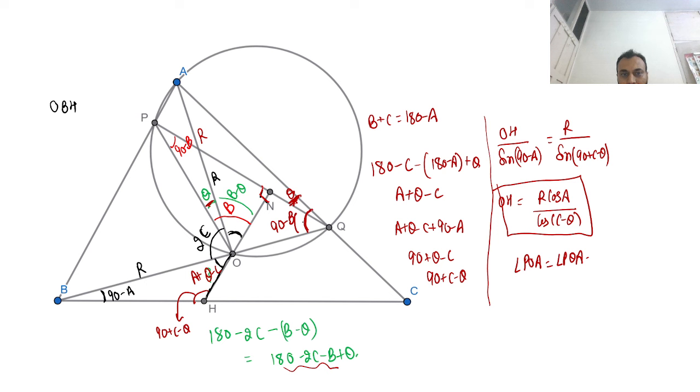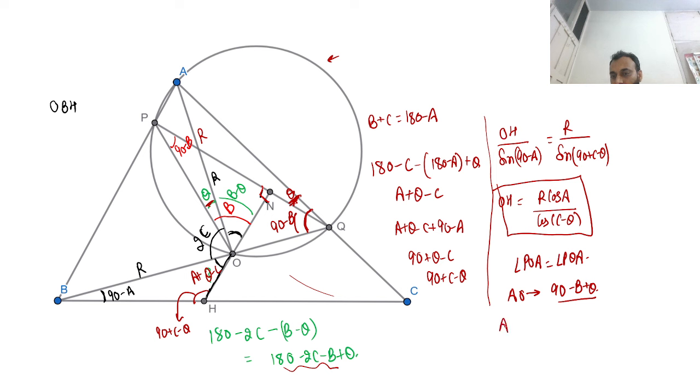So we can say that the AO chord makes an angle of 90 minus B plus theta on the circumference of this circle, right? On this circle. AO is the chord of this circle which makes this angle.